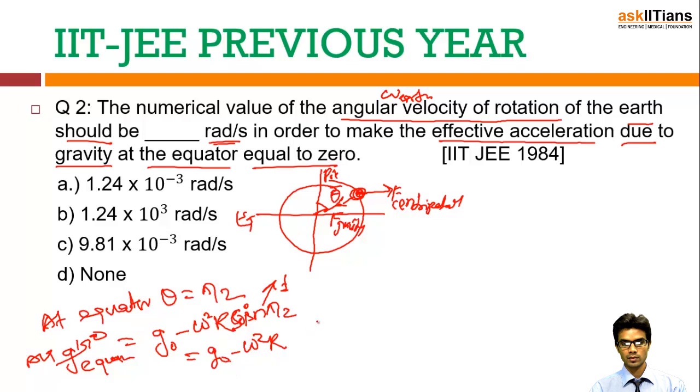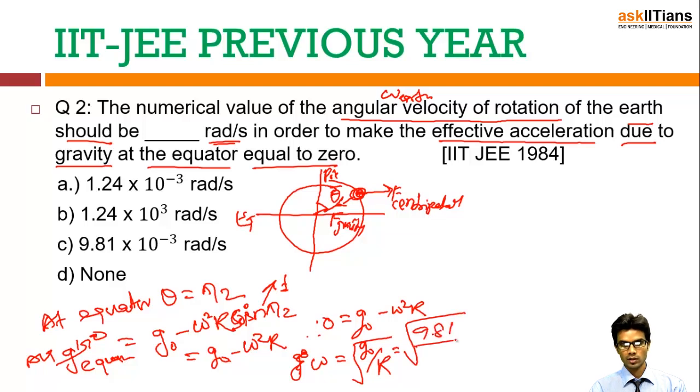So that's why 0 is equal to g0 minus omega square R. So omega is equal to under root g0 by R, which is under root 9.81 divided by 6400 into 10 to the power 3.